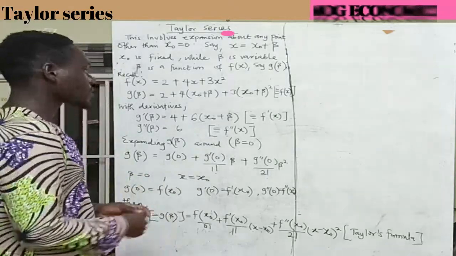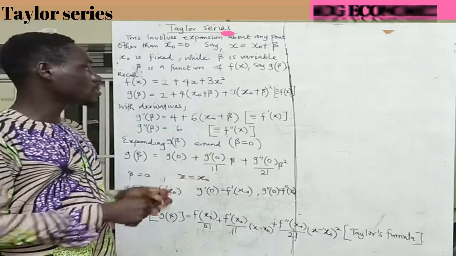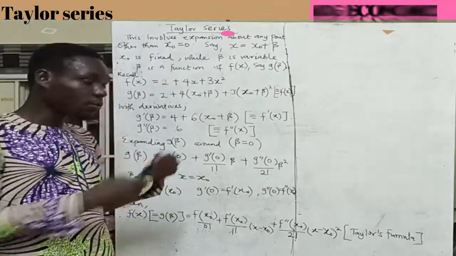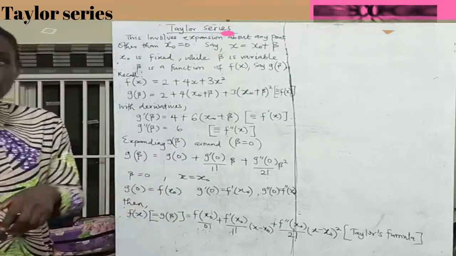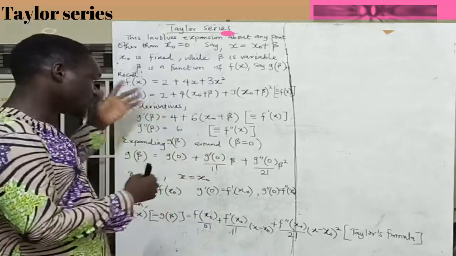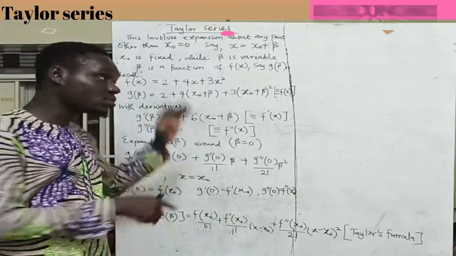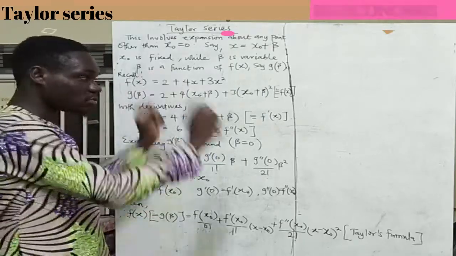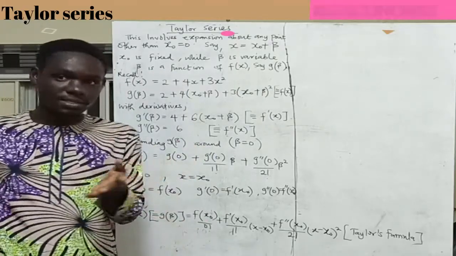So now we'll move to see how to handle functions that are not polynomials, that are different from polynomials, how to use the Taylor series basically to handle such functions. Because in that case, we are going to be having a remainder.